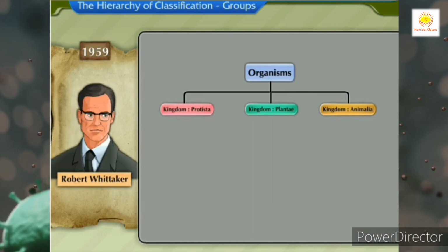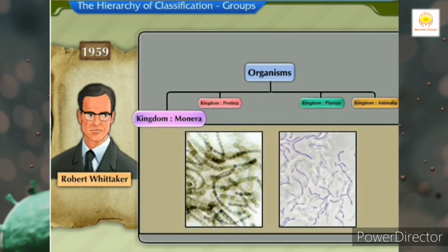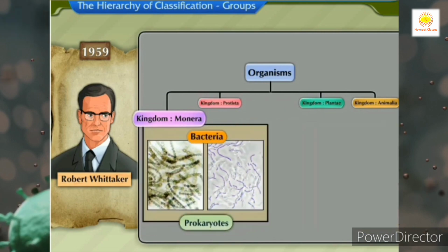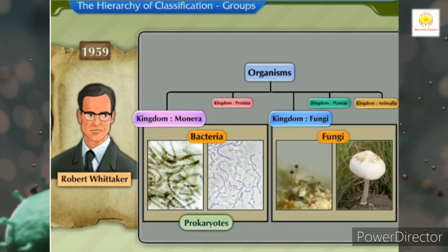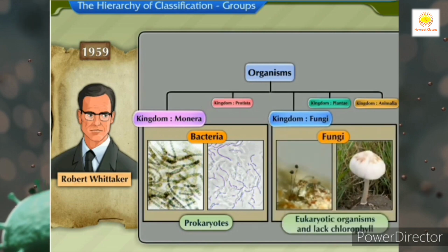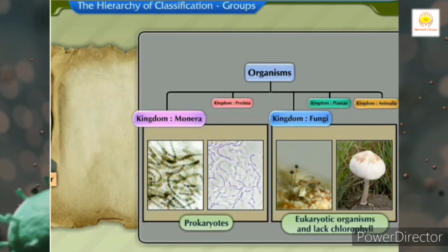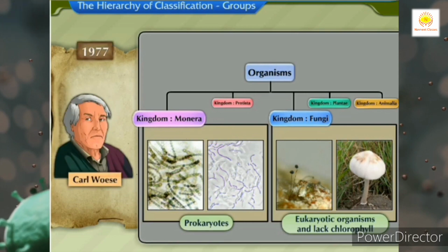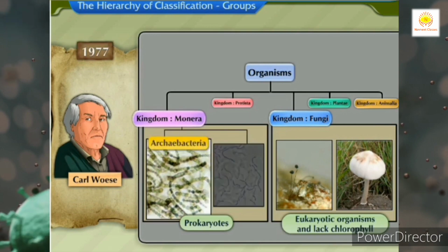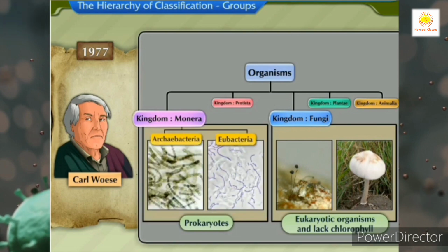Robert Whittaker added fourth kingdom, Monera, for bacteria, which are prokaryotic, and fifth kingdom, Fungi. Fungi are eukaryotic organisms and lack chlorophyll. Carl Woese, 1977. He classified kingdom Monera into Archaebacteria and Eubacteria.